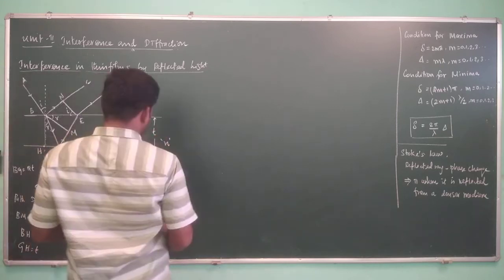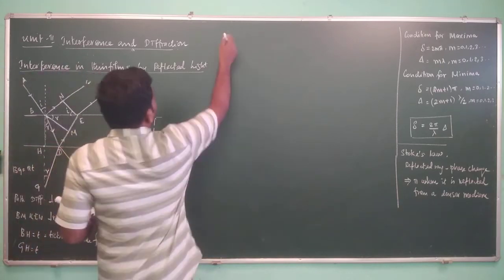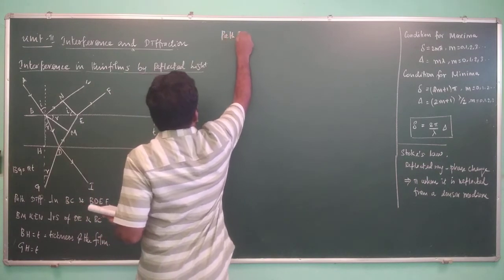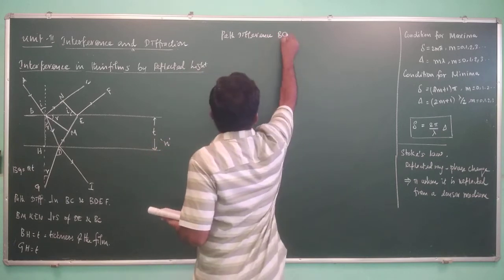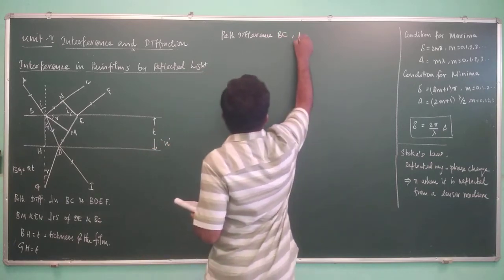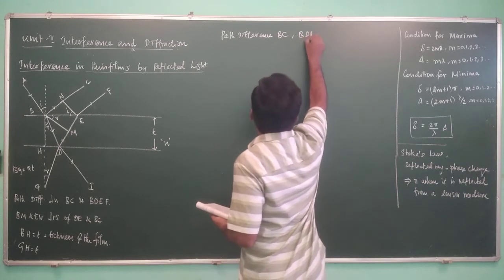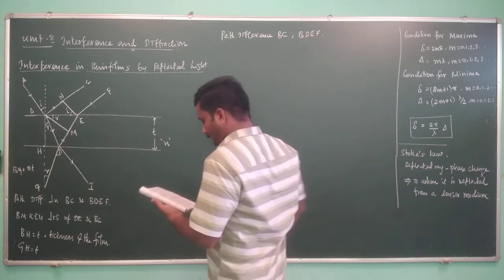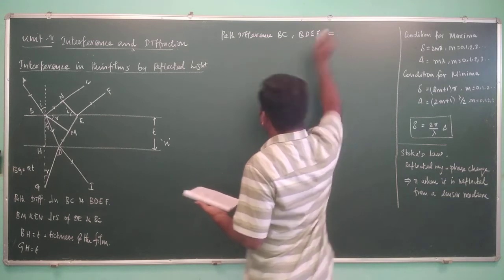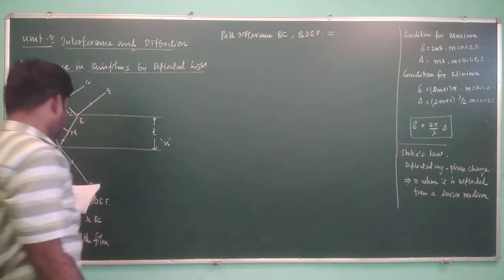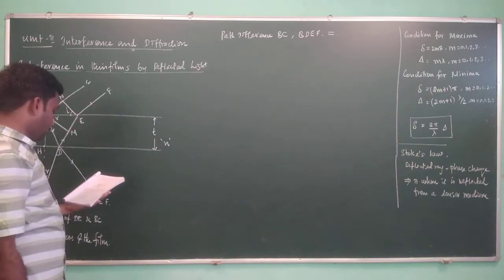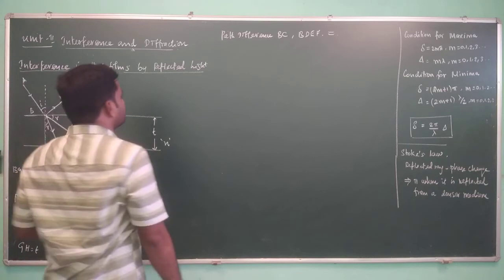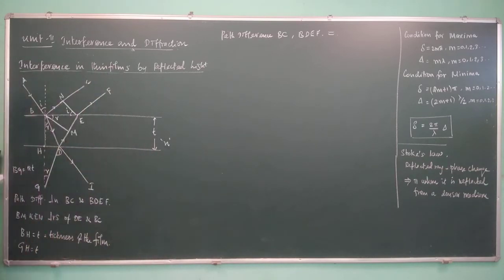Okay, so the path difference between the two reflecting rays BC and BDEF is nothing but, see, this is an incoming light ray, it is reflected like this.